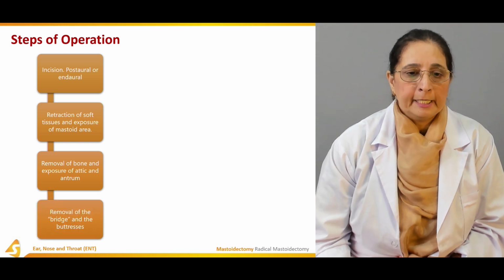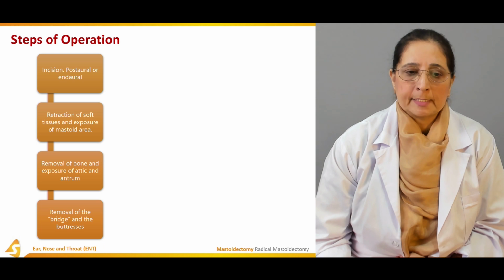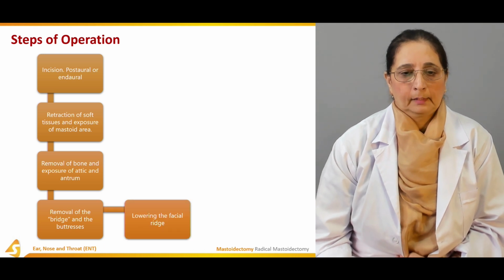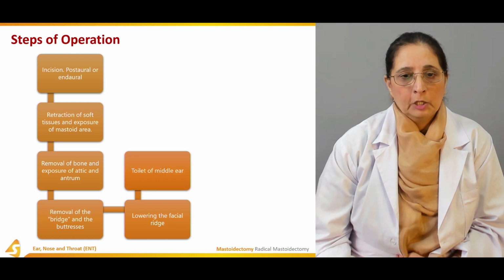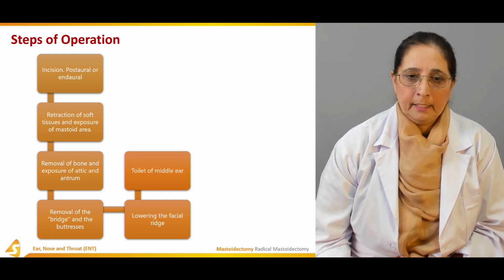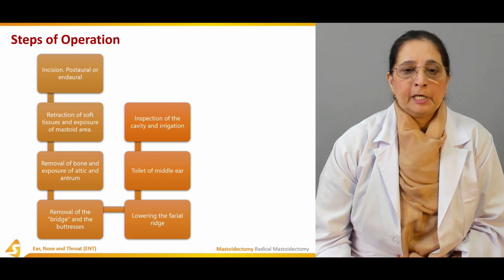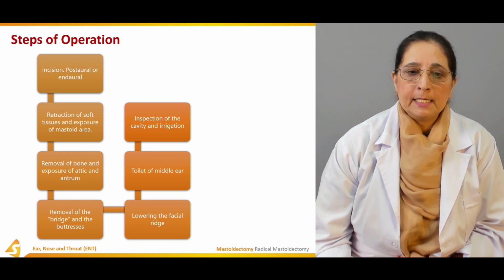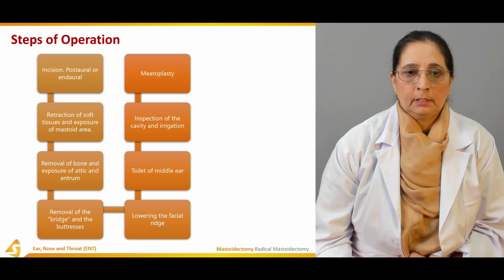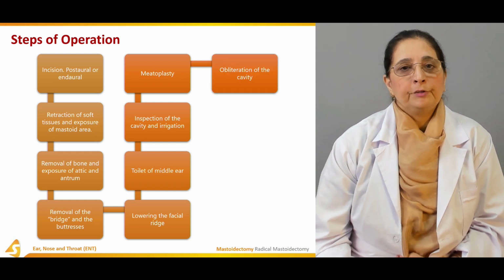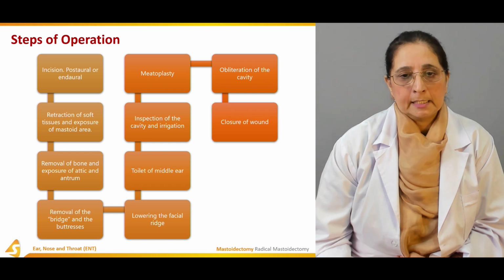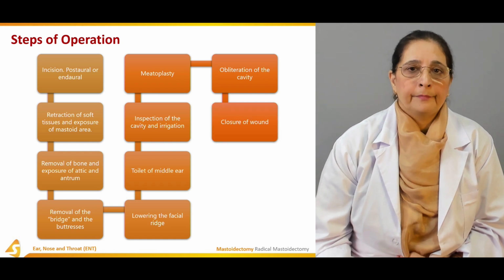Removal of the bridge and the buttresses. Lowering the facial ridge. Toilet of middle ear. Inspection of the cavity and irrigation. Meatoplasty. Obliteration of the cavity, closure of the wound.